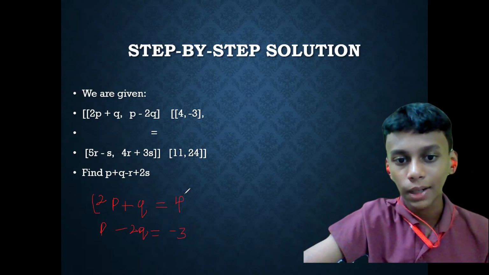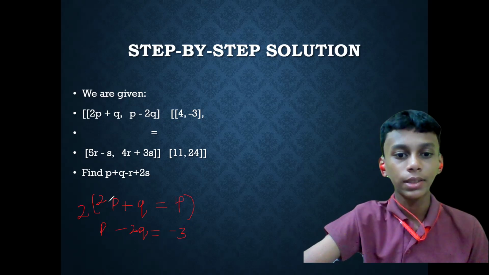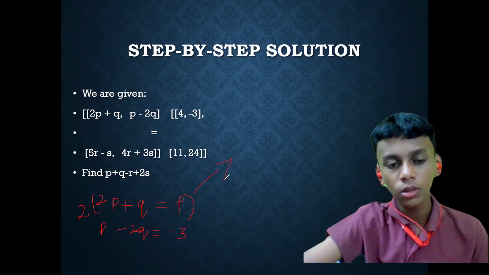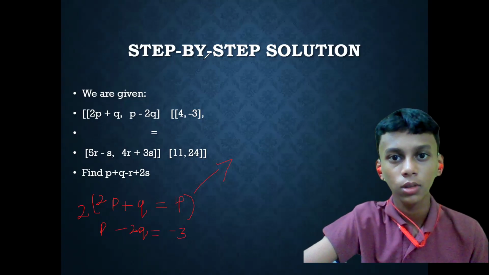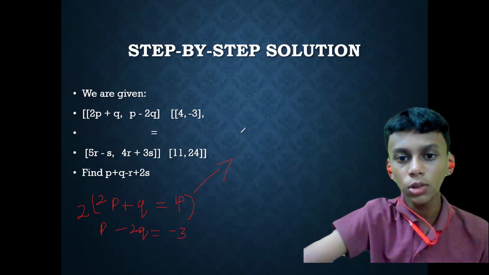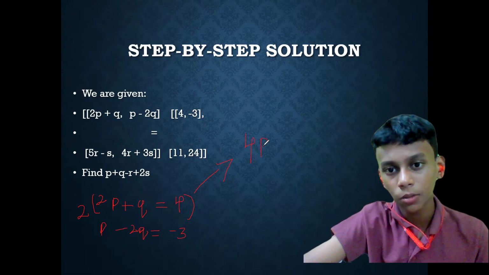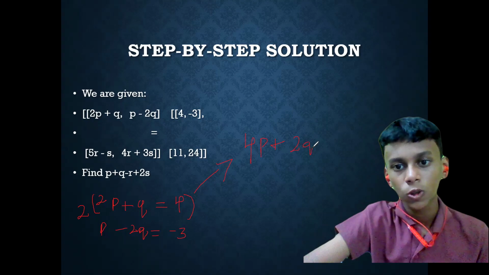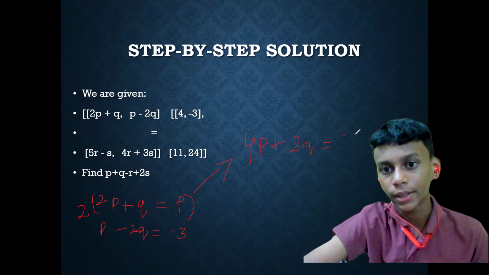So let's put the bracket over here and multiply it with 2, which results in 4p plus 2q is equal to 8.